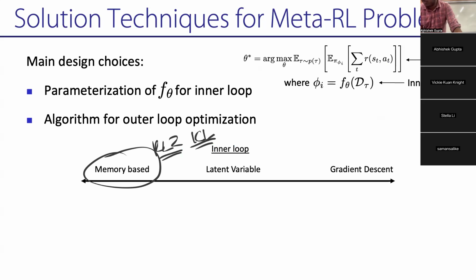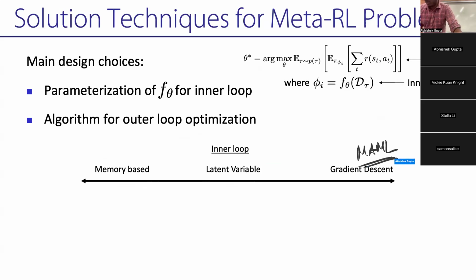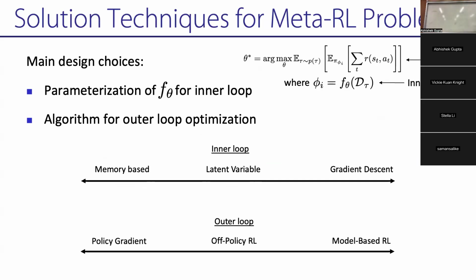If you instantiate f theta as a posterior inference type of method, you get latent variable meta learning. If you instantiate f theta as gradient descent, you get a class of methods called MAML, model agnostic meta learning. So different choices of inner loop lead to different algorithms.